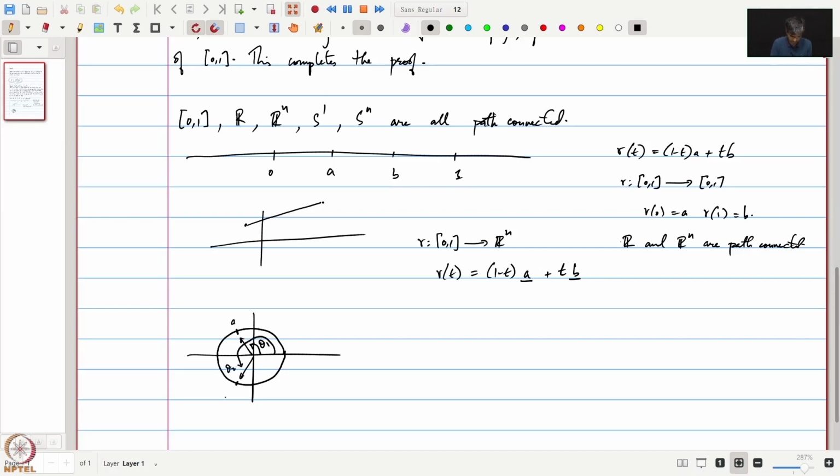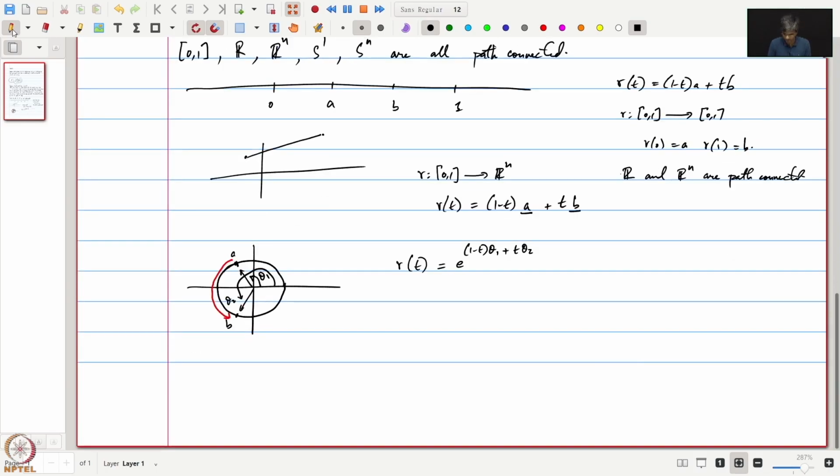So this is A and this is B. So the point is we can connect them using a path which starts at A and goes all the way here. If you were to write it explicitly, we can define gamma of t is equal to e to the power i times (1 minus t) times theta 1 plus t times theta 2.